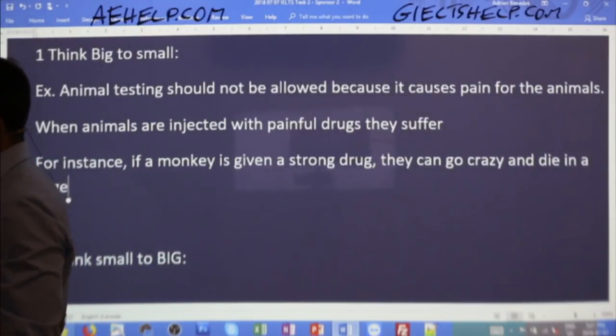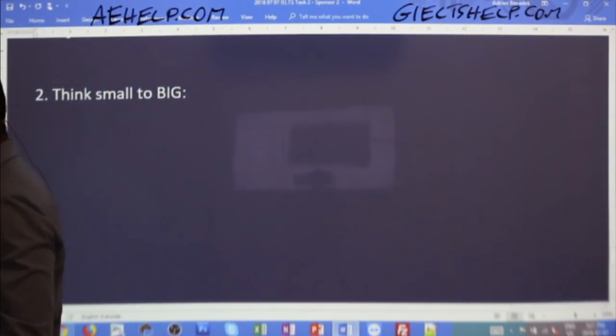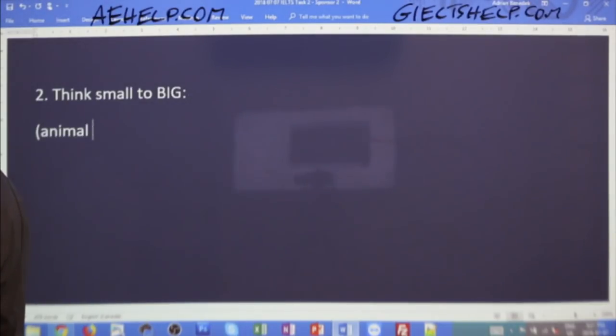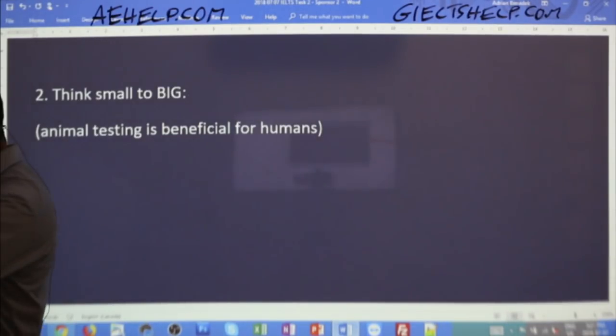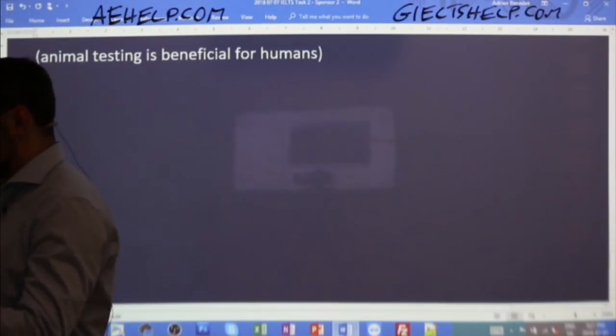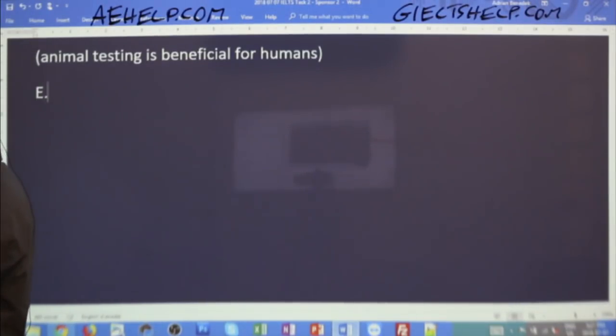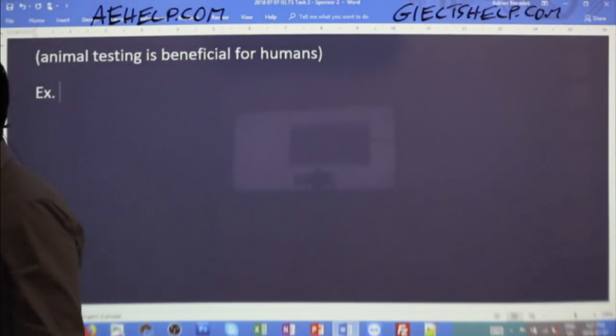So for the opposite side, think about the animal testing is beneficial for humans. Let's go from small to big. Okay, so instead of starting with the main idea or the big picture, let's start with an example. Let's start with something specific.